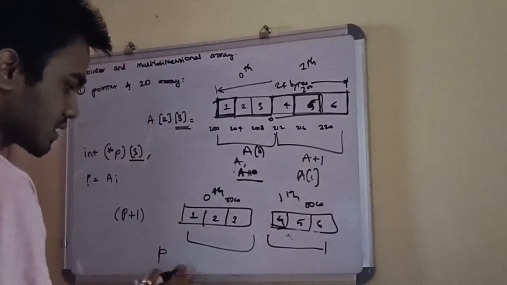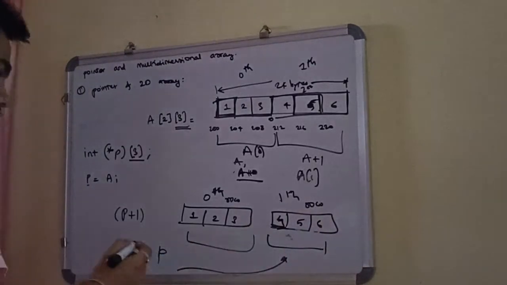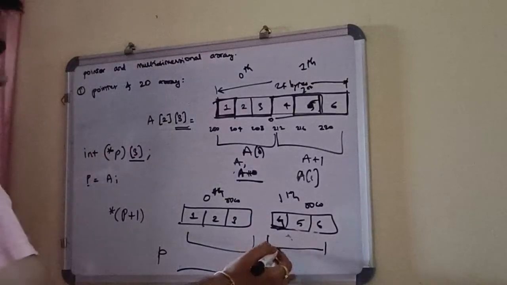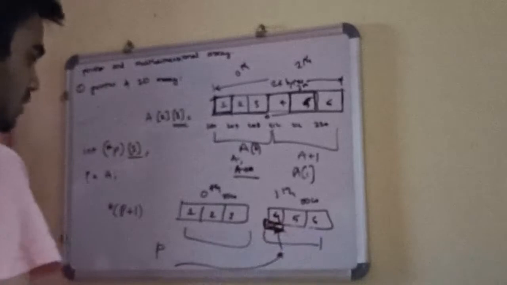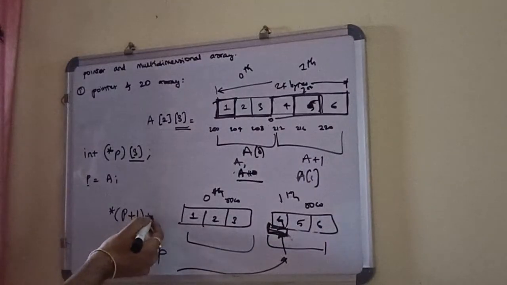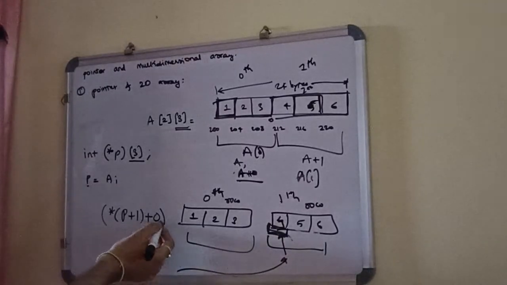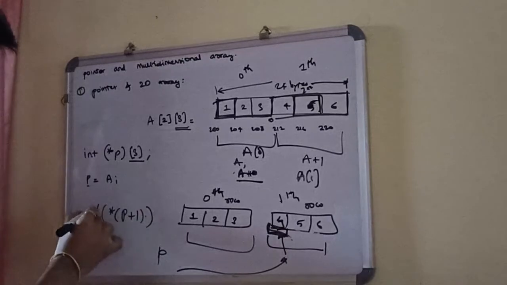In that I again have to go to the first address, so I will dereference it. Now I am pointing to the first address of this 1D array, and I have to stay there only. So I have added plus 0, or we can also remove this, and again we have to dereference it.